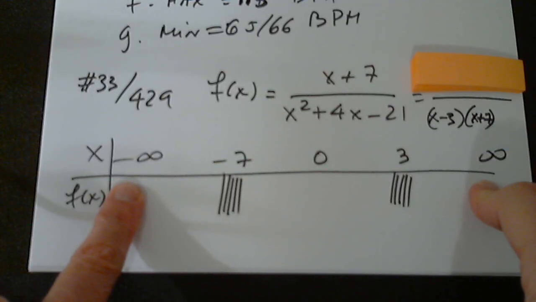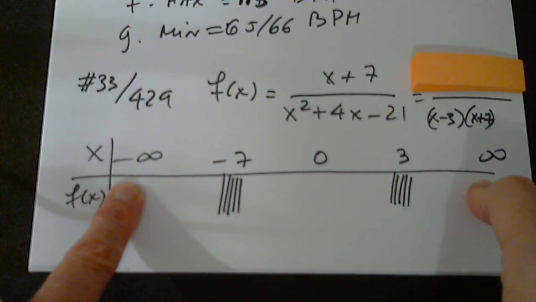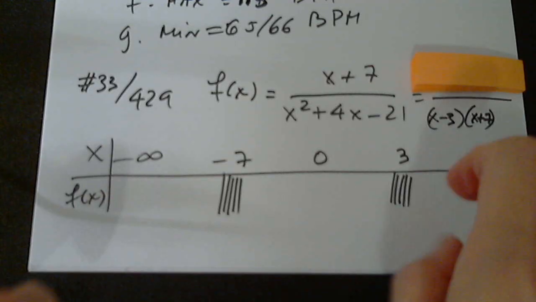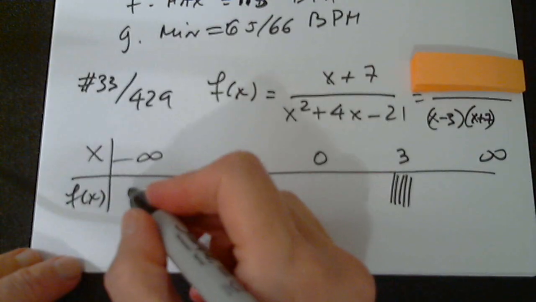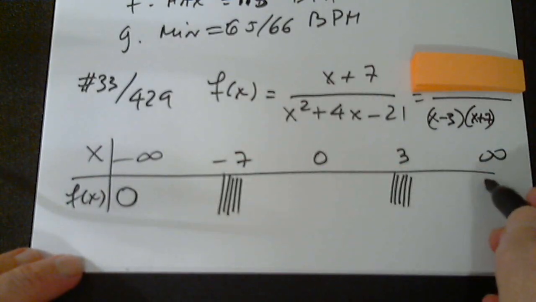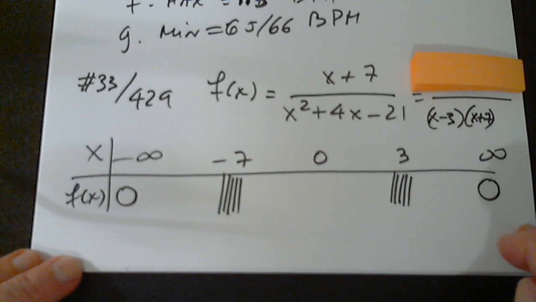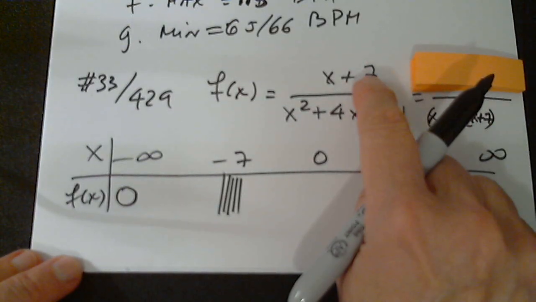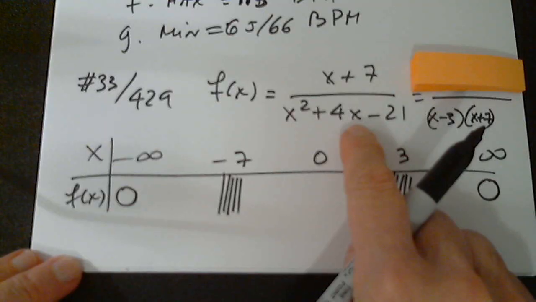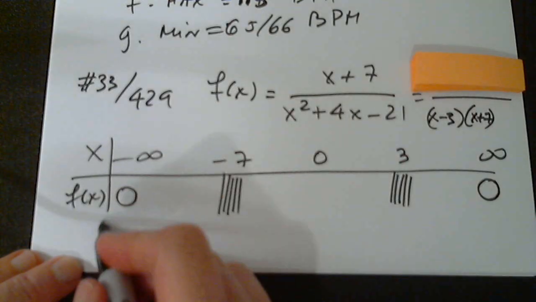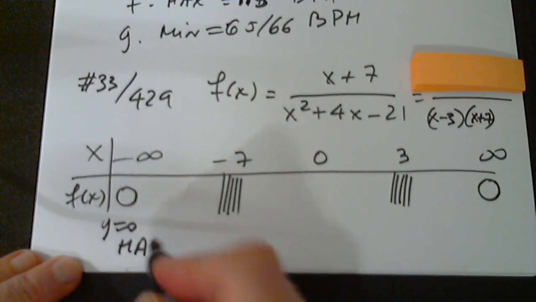It's the easiest one. I don't have to calculate anything. Negative infinity, infinity. Careful. Horizontal asymptote is 0 when the numerator is weaker than the denominator. So y equals 0, horizontal asymptote.